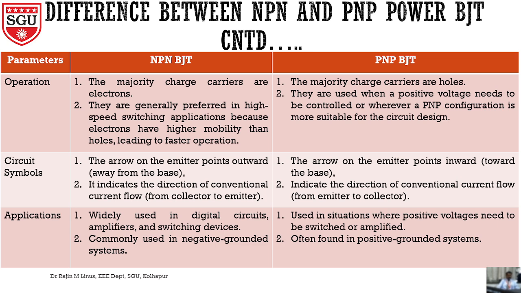The NPN bipolar junction transistor is commonly used in negative grounded systems, and the PNP transistor is often used in positive grounded systems. Due to the mobility of electrons and good switching speed, NPN transistors are preferable in many cases. With this we can conclude the difference between the NPN bipolar junction transistor and the PNP bipolar junction transistor.